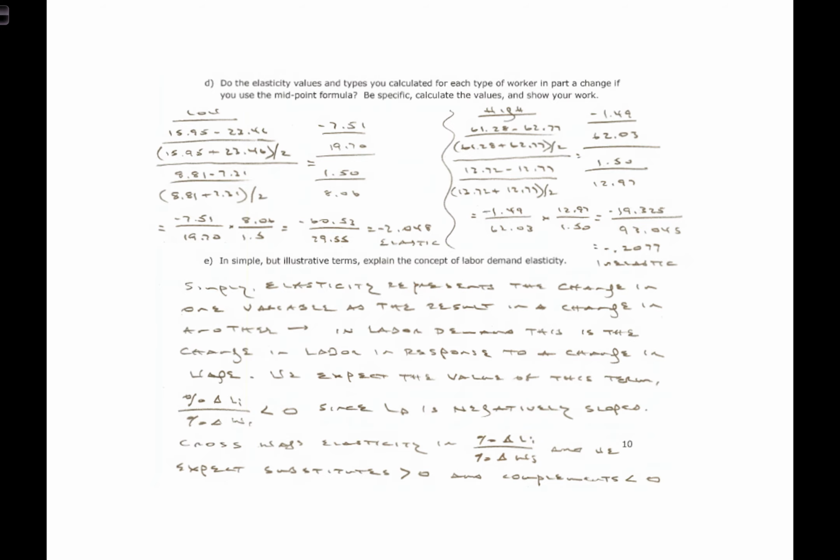Remember, the midpoint formula is going to be L2 minus L1 divided by (L2 plus L1) divided by 2, and that's going to be divided by W2 minus W1 divided by (W2 plus W1) divided by 2.